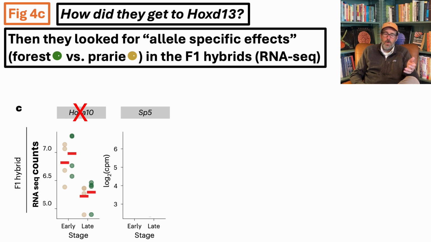And then we go on to SP5, and we see there is a significant difference between early prairie versus forest RNA expression of that gene. However, it goes in the opposite direction from the parents, the prairie versus the forest.